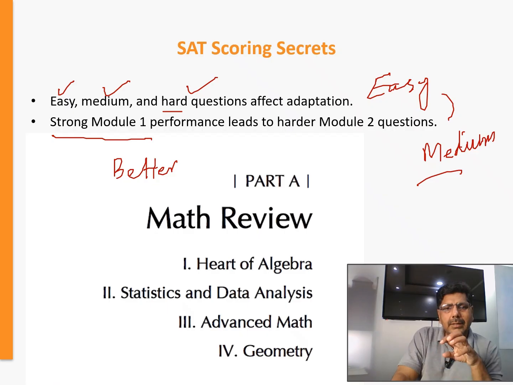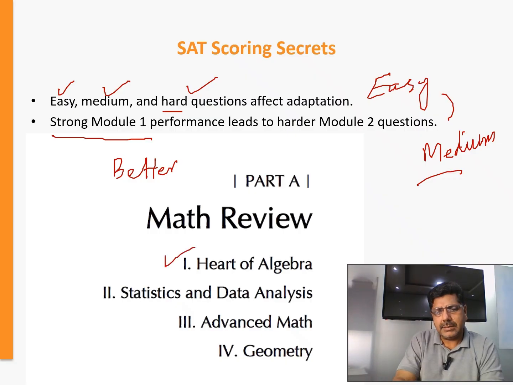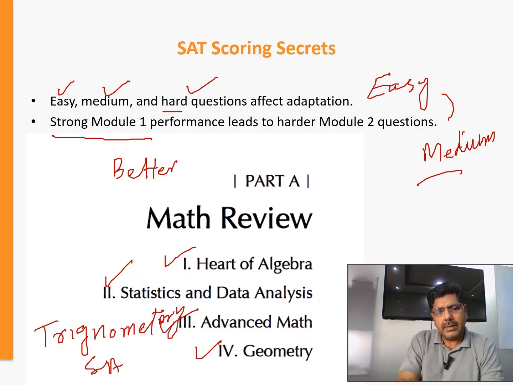In our coming course, we will discuss Part A, the heart of algebra. We'll talk about statistics, advanced math, and geometry with trigonometry. In the SAT math test, only around 5 to 10%, or rarely 15%, is trigonometry.